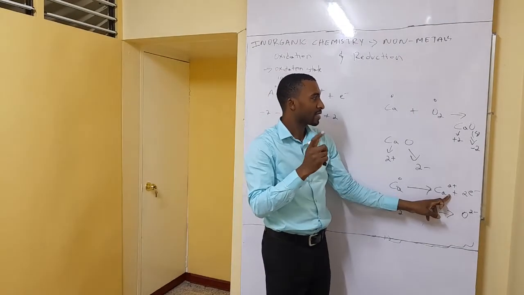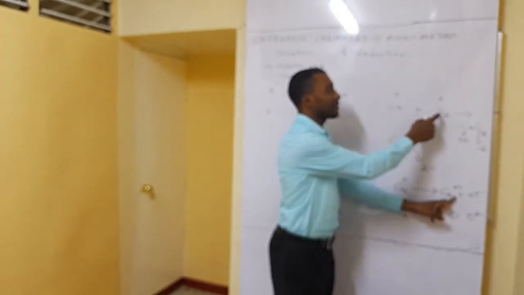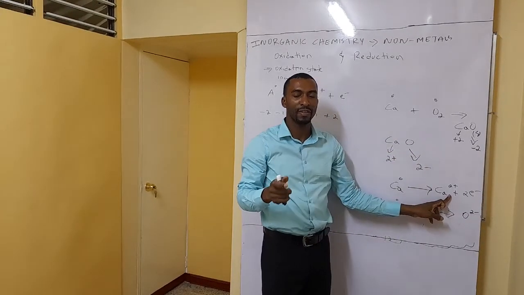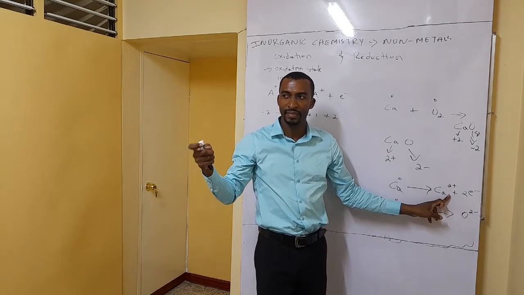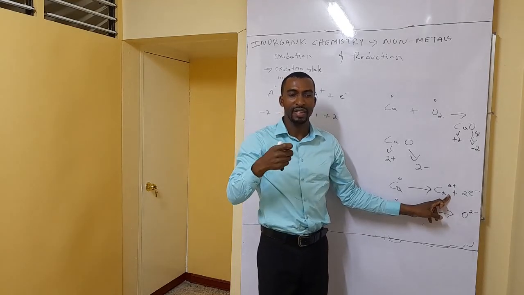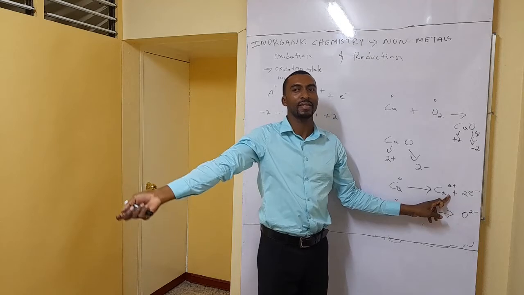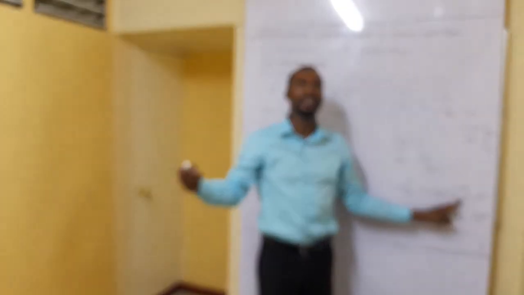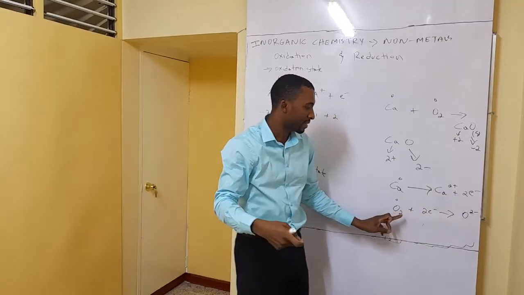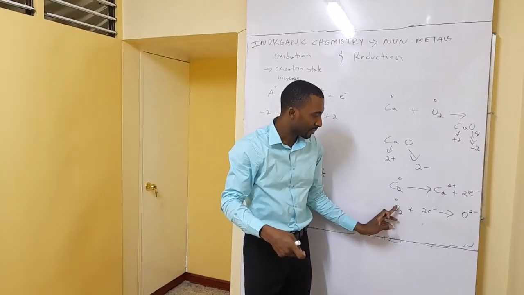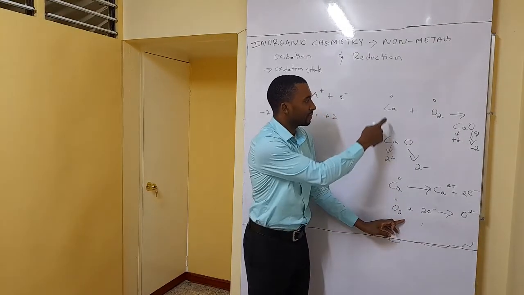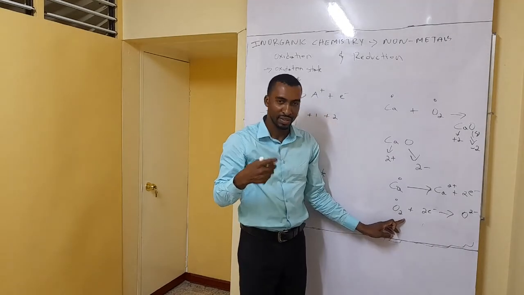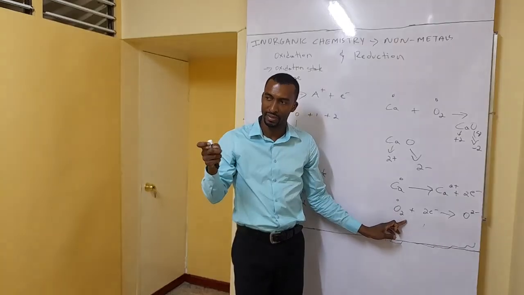So what is causing it to be oxidized would be the oxygen, so the oxygen would be referred to as the oxidizing agent. Following? So the element causing the next element to be oxidized would be the oxidizing agent. Likewise, oxygen is being reduced from 0 to -2, so the calcium that's causing that reduction would be the reducing agent. Alright?